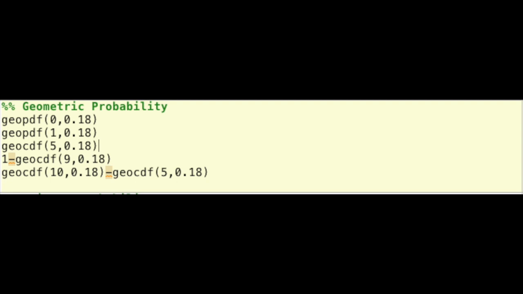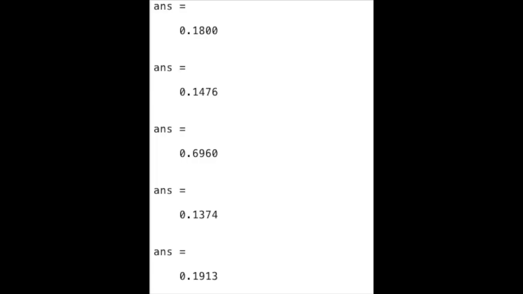So what this means in short is we are looking at the probability that anywhere from 6 to 10 failed outcomes are required before we observe the first preferred outcome. If you were to run these examples in Matlab, you should find that it gives you the following results for each of the 5 examples in the order that we've entered them.